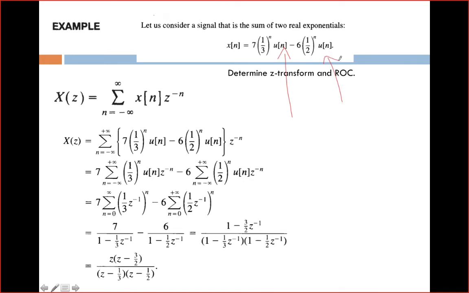If u of minus n is multiplied, then we have to be very careful about poles and zeros, whether they are inside or outside the circle, and the ROC should not contain poles. But here the problem is straightforward. u of n is directly multiplied, which means only positive values, so there is no problem.